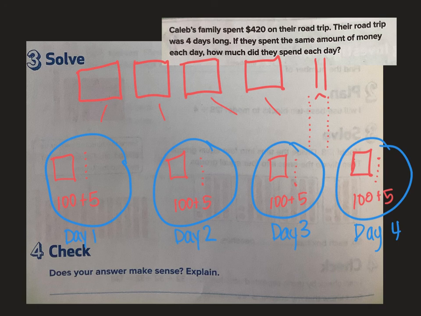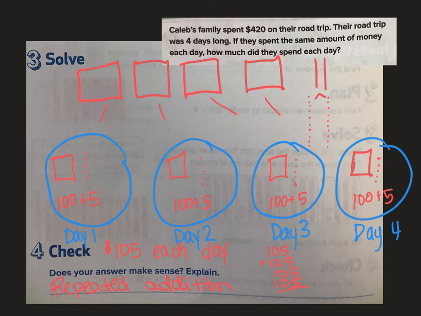Oh, I better write that down. $105 each day is how much they spent. How do we know? We can do repeated addition again. Ready? 105, 105, 105, 105.